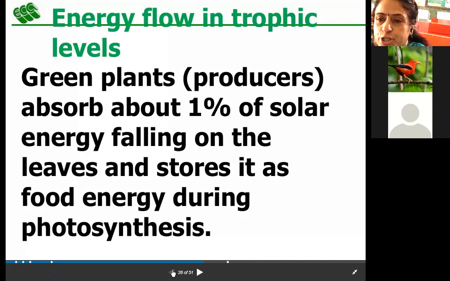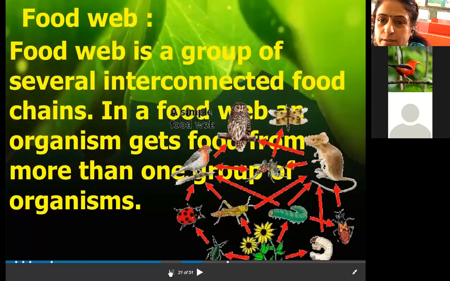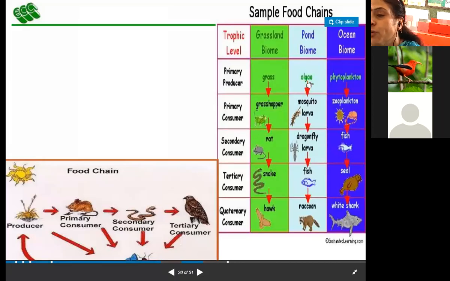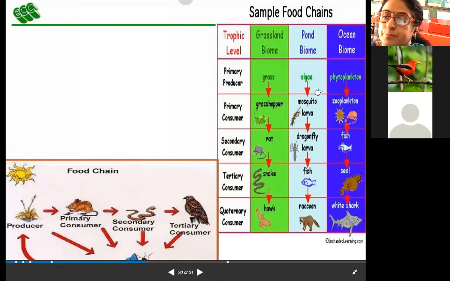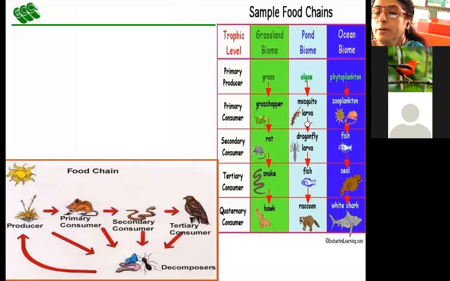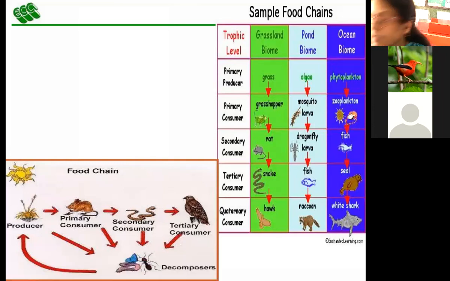In the pond food chain, there is the presence of algae, the microscopic plants, which can be eaten by the zooplanktons. Zooplanktons are the ones like this amoeba, the microscopic animal.